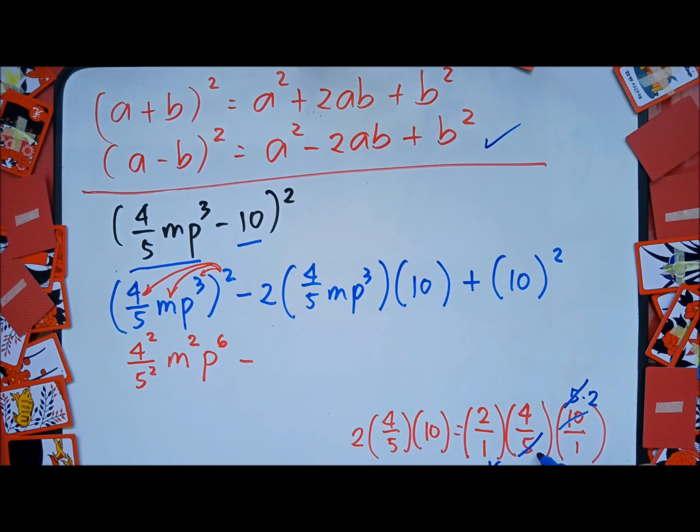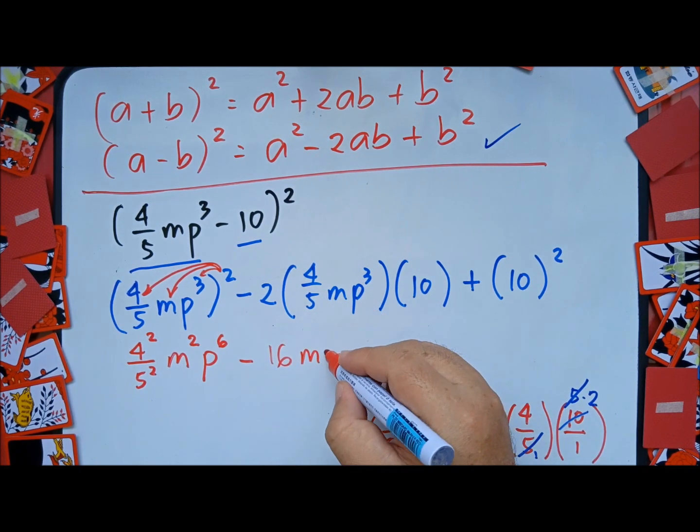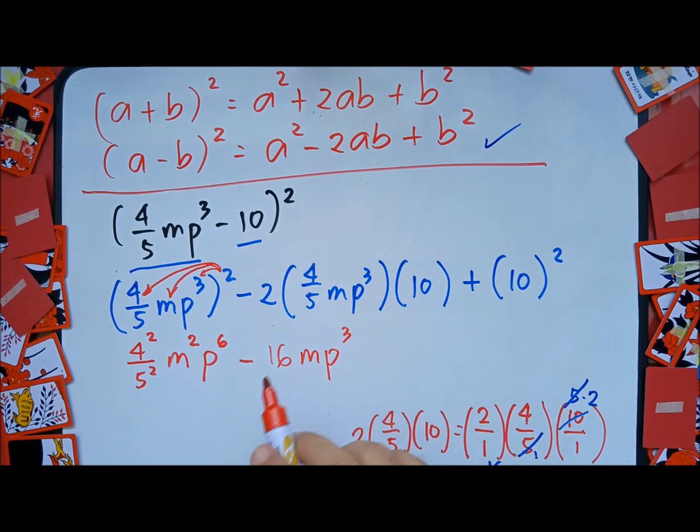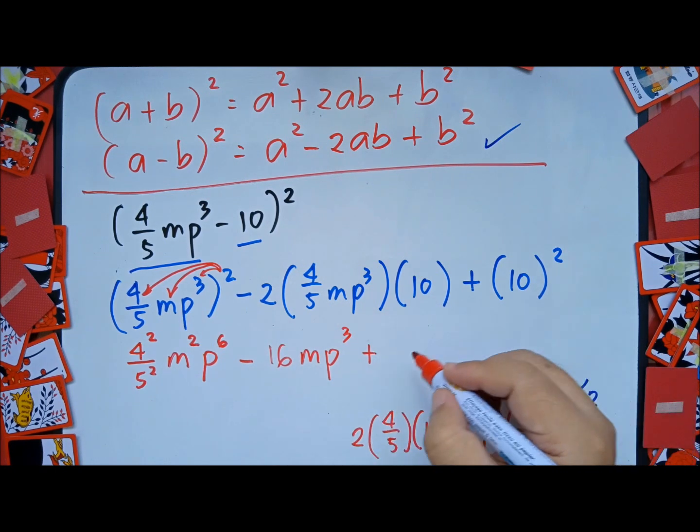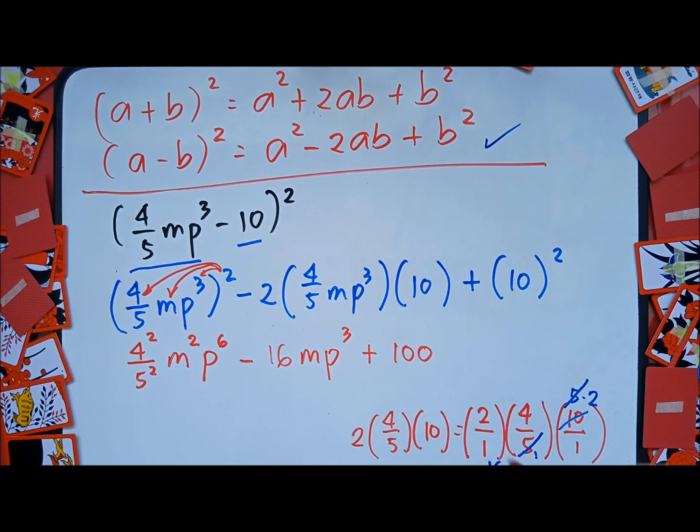Over 1, this will become 1. 1 times 1 times 1 is 1, so 16. So your answer is 16 m p³. Then plus 100. 10 times 10 is 100.